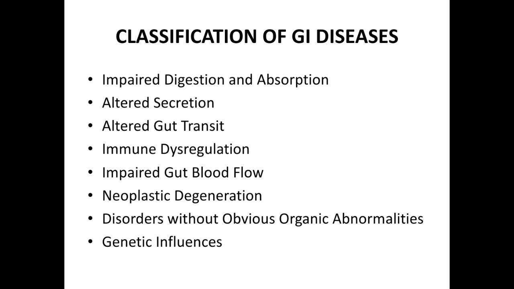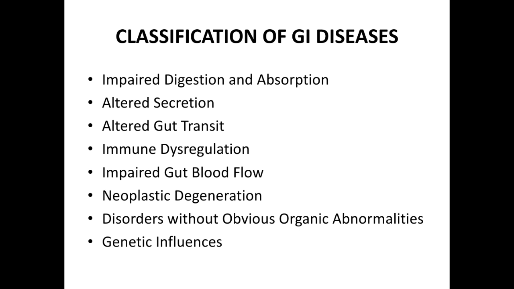First one, impaired digestion and absorption, can be in the stomach, the intestine, the biliary tree, or the pancreas. Most commonly, maldigestion syndromes like lactose deficiency, which produce gas and diarrhea, and some kinds of celiac sprue, bacterial overgrowth, and Crohn's ileitis are examples of impaired digestion and absorption.